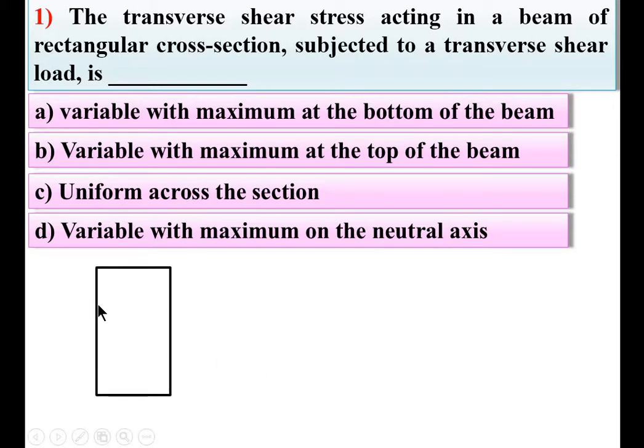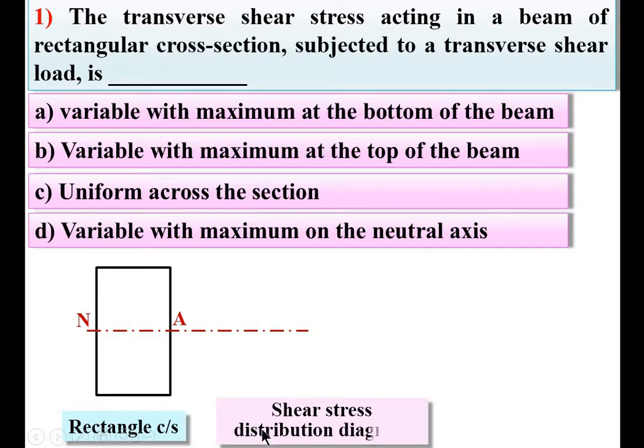First of all, consider the rectangular section, and this is the neutral axis of the rectangular section. Now I am going to draw the shear stress distribution diagram, and this is the reference line. You know that shear stress has a parabolic nature and it is maximum at the neutral axis, so I can say tau max here, and shear stress is 0 at the top layer as well as at the bottom layer.